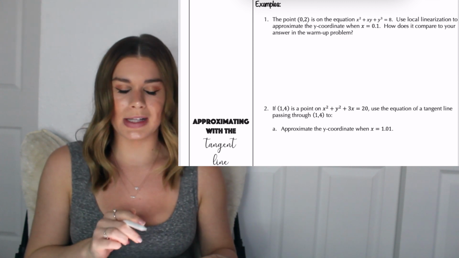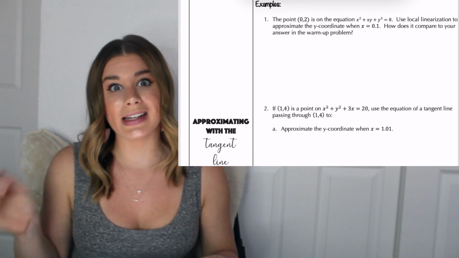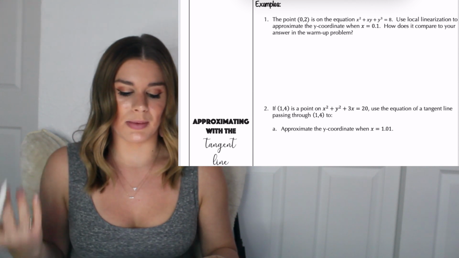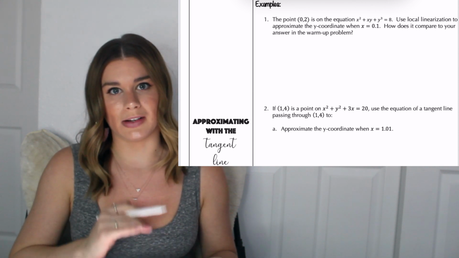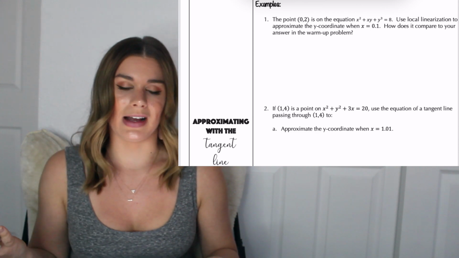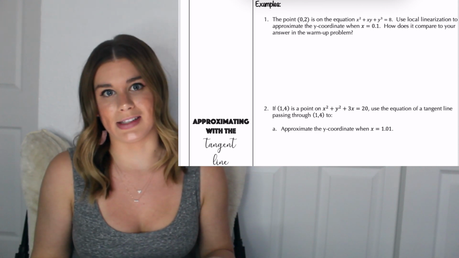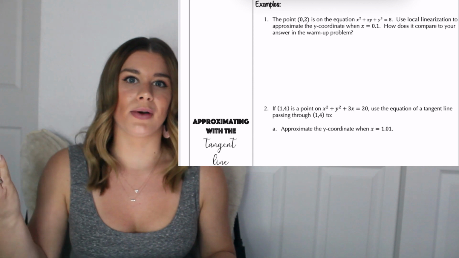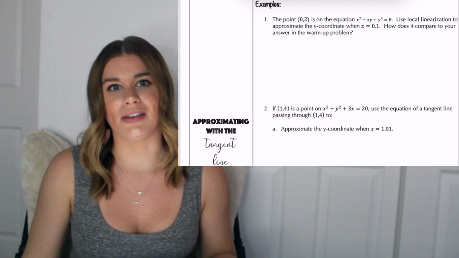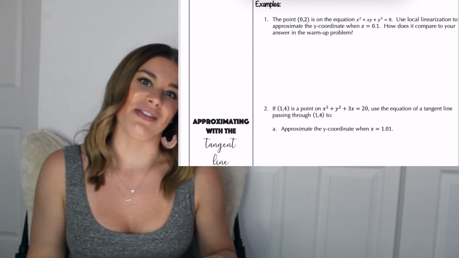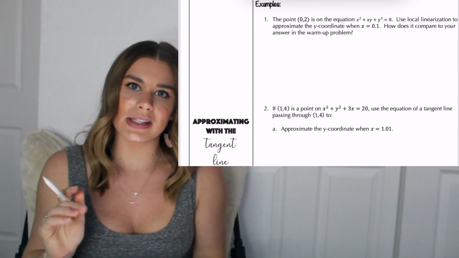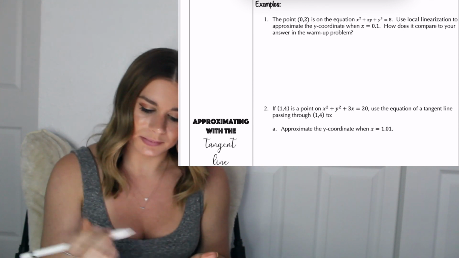So we're taking the point (0, 2) from the warm-up and the same equation, and we are going to now just use local linearization to approximate the y value when x is 0.1, as opposed to plugging and chugging and solving for it like we did in part B of the warm-up. Okay, so let's go ahead and go through the process.